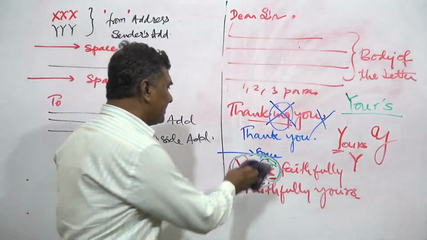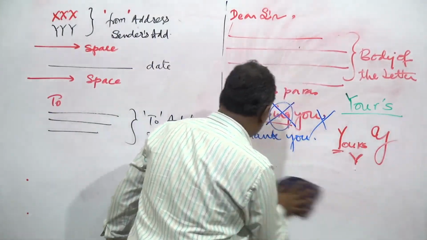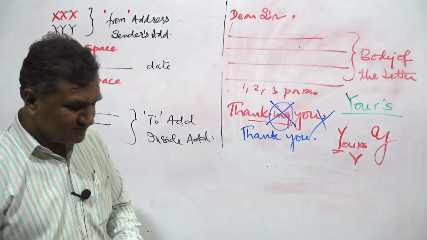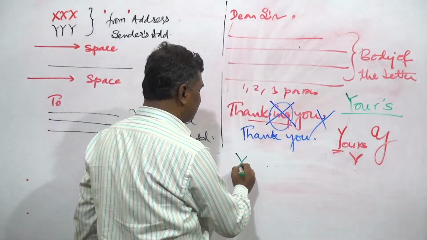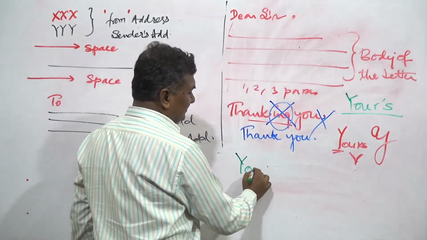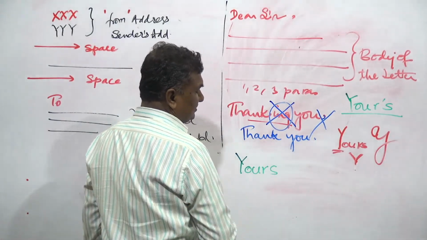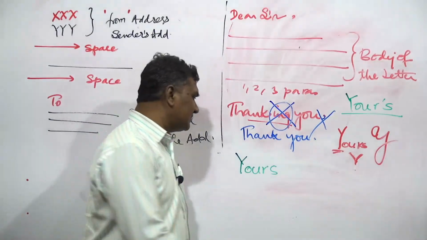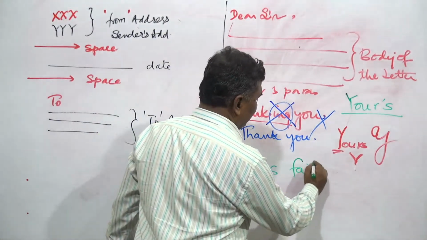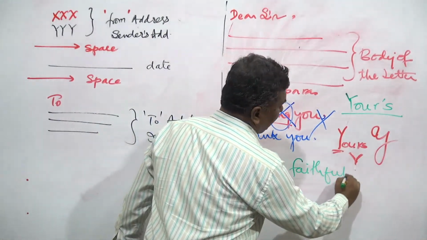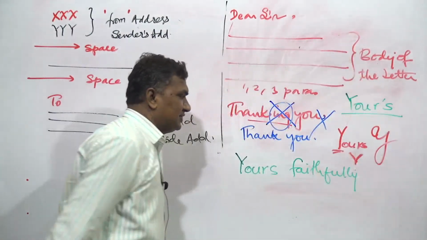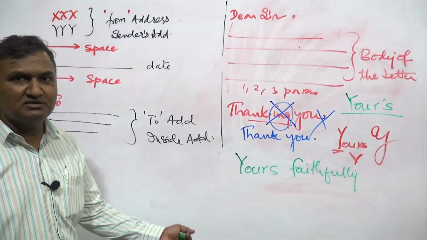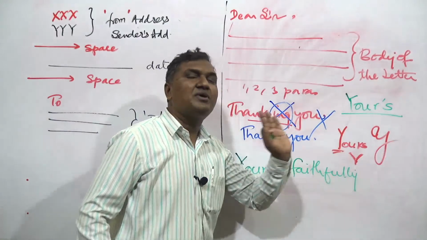So what should you write? Yours faithfully, with capital Y. Write V. Y-O-U-R-S, yours. No apostrophe. F-A-I-T-H-F-U-L-L-Y. If you are following closed punctuation style, you can write a comma here.